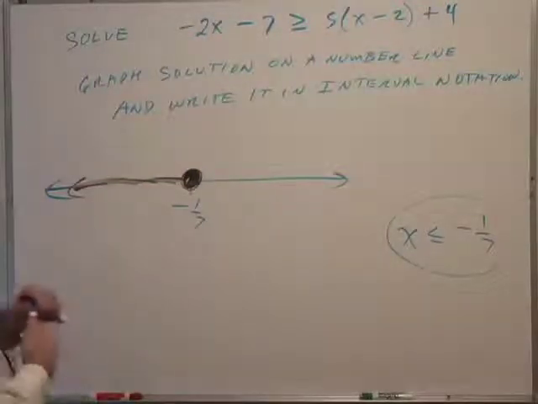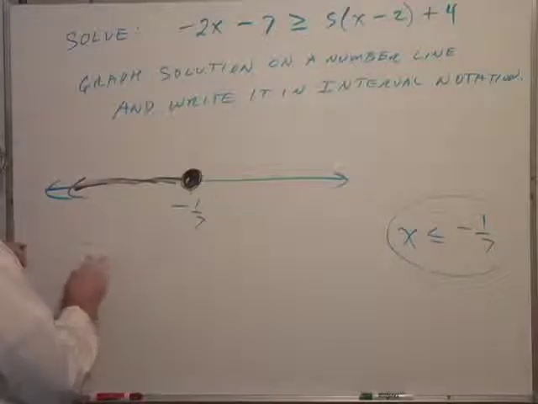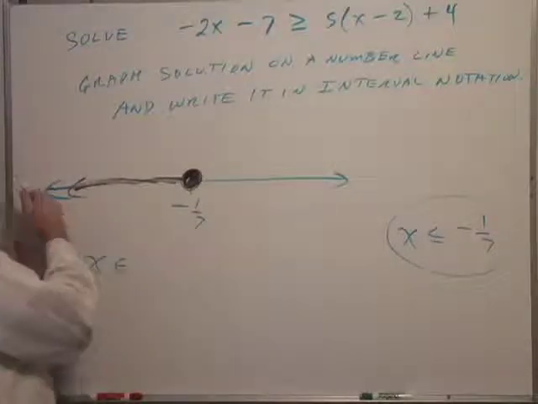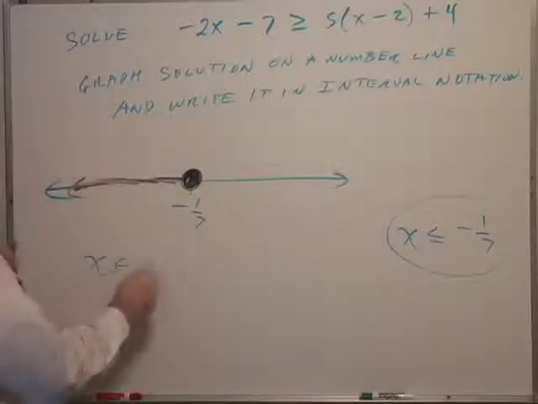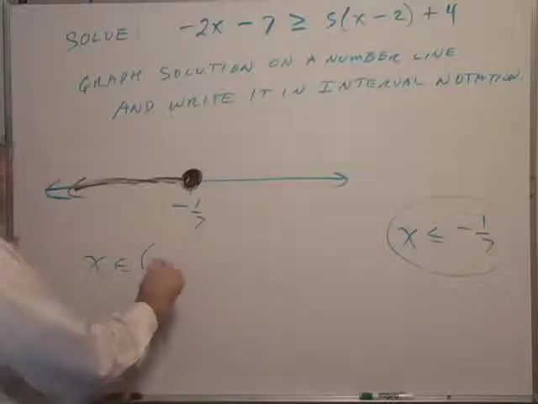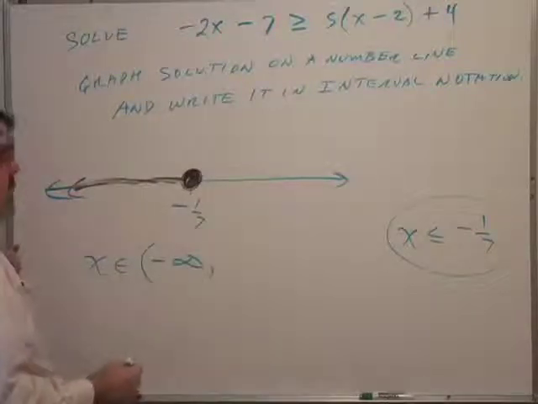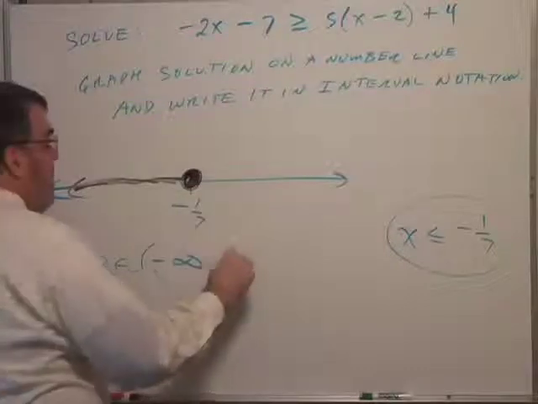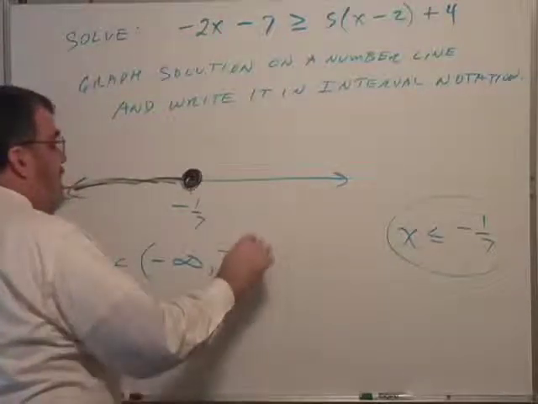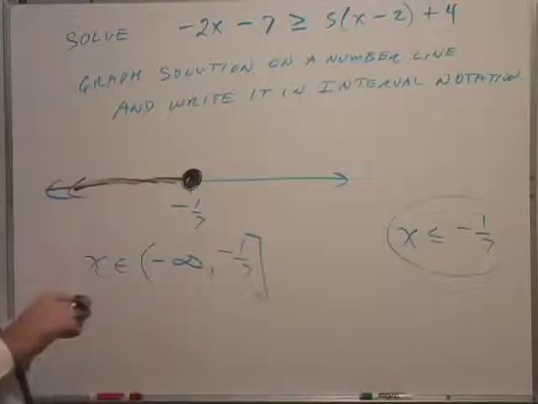And how does this go in interval notation? x belongs to, and again it's going to be negative infinity since it goes to the left side, parentheses, negative infinity, comma, and then negative 1/7, and this time I use a bracket, closed bracket. So there's the whole result.